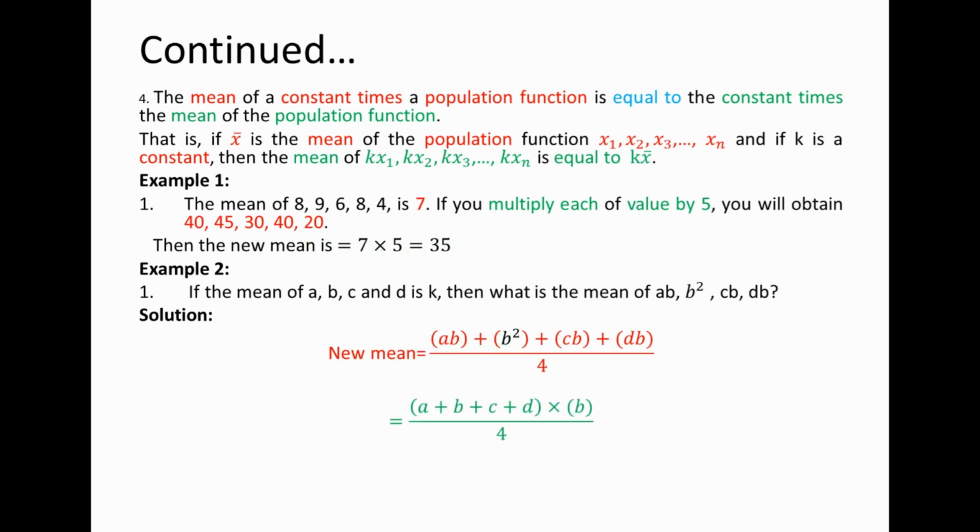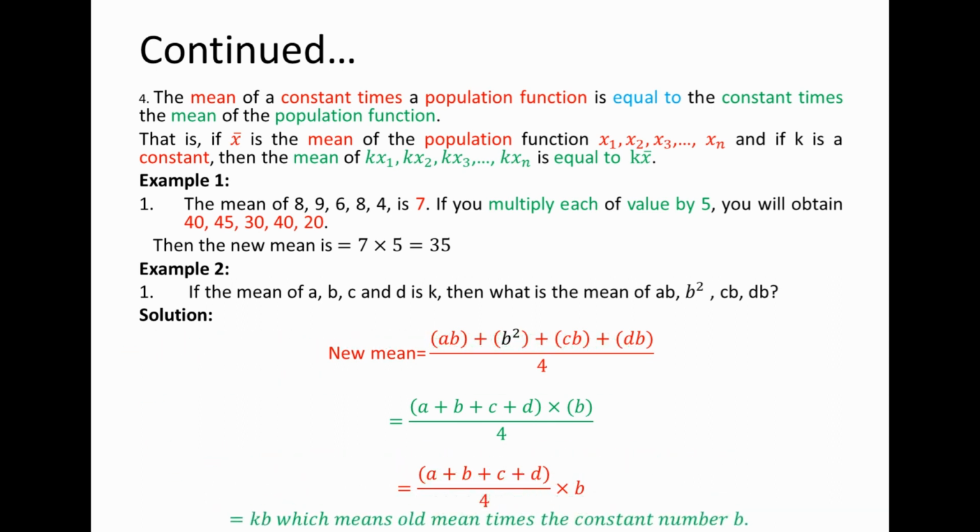From this, we can take out B as a common factor. Then we are left with A plus B plus C plus D times B all over 4. Here A plus B plus C plus D all over 4 is the old mean, and B is the constant. Then it equals K times B, which means old mean times the constant number B.